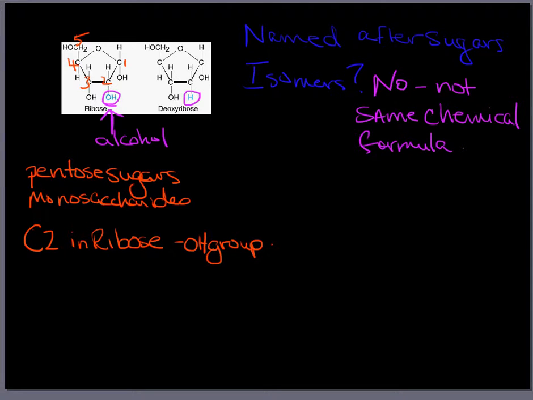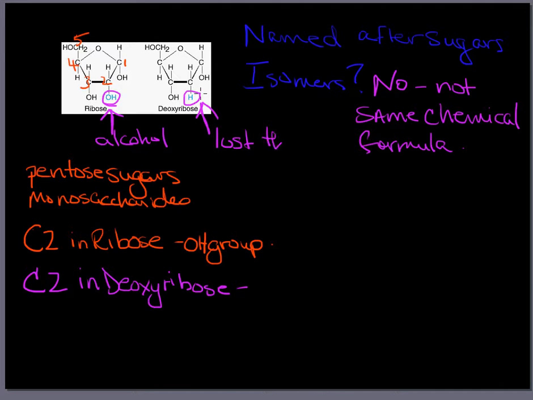However, on carbon 2, in deoxyribose, we seem to have lost the oxygen. De, meaning without, to get rid of.